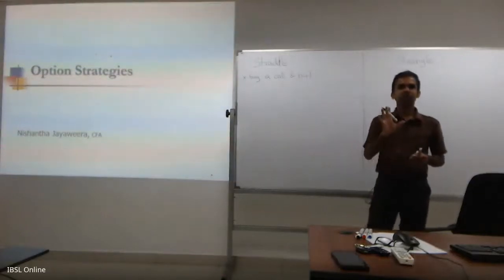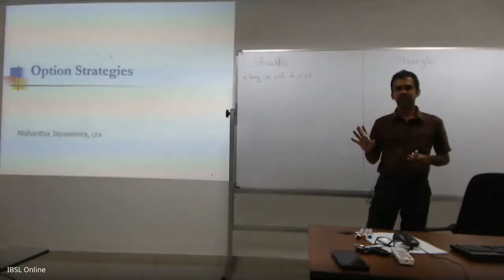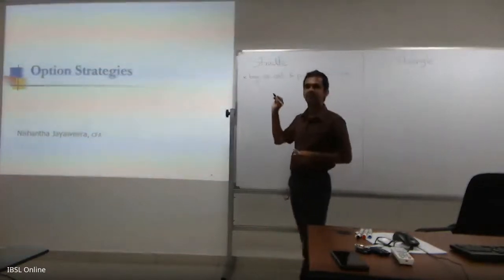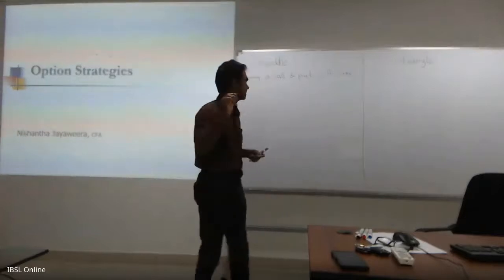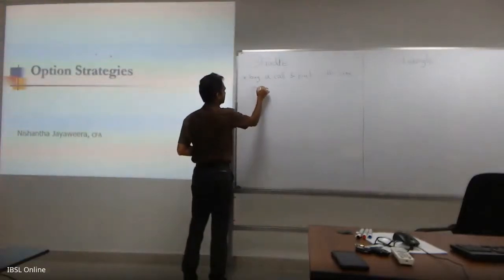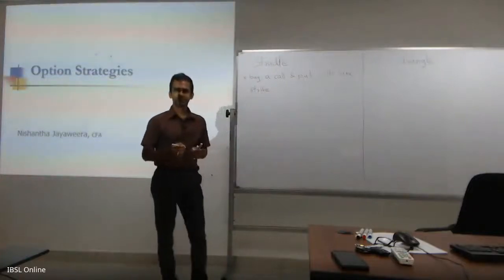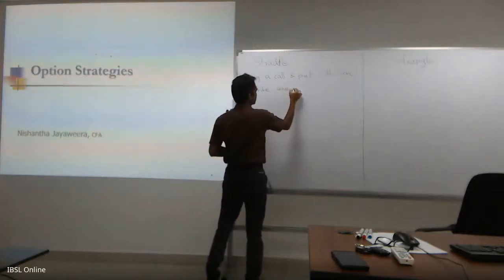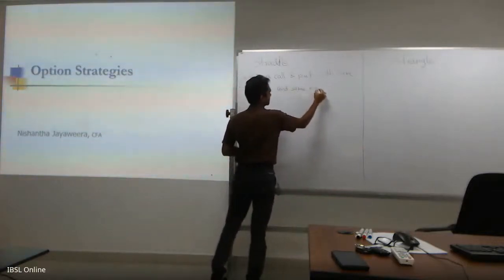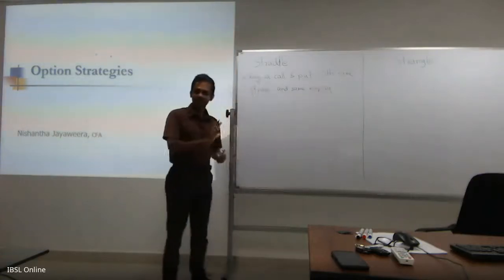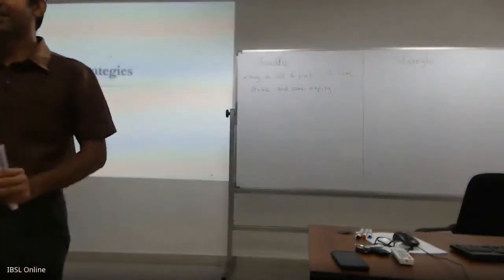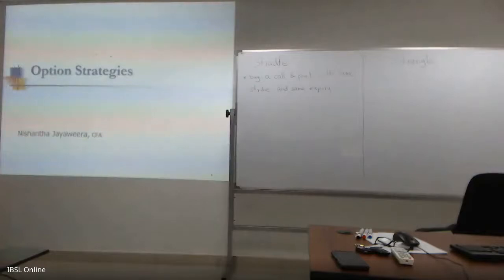You buy a call option and you buy a put option with the same strike and the same expiry. When we discuss this, no need to say on the same underlying. All these things are on the same underlying.